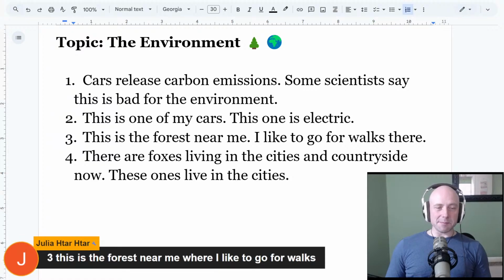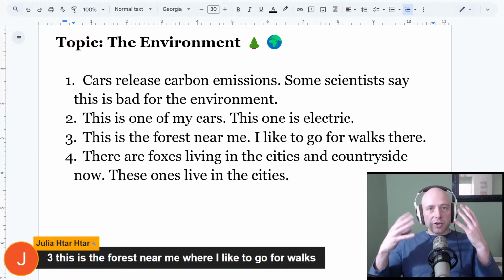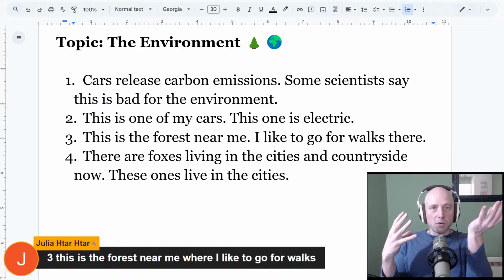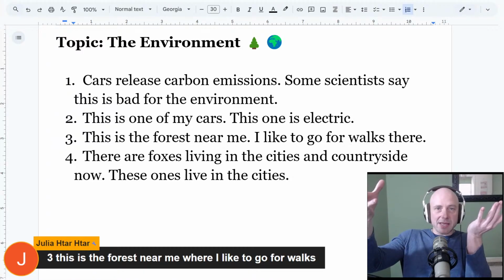And Julia's done the same thing. Your sentences are good, but they imply a different situation, because when you use that defining relative clause, this is the forest near me where I like to go for walks, you are implying that there are more forests near you. So you are giving the situation that this is the forest where I like to go for walks, and there are other forests near me where I don't like to go for walks.